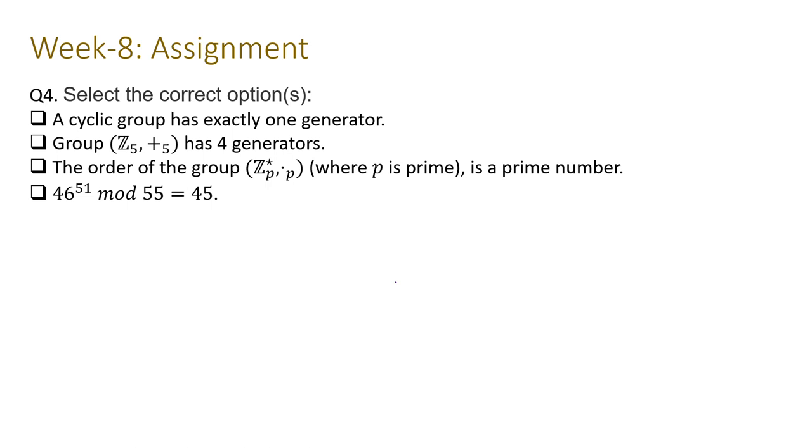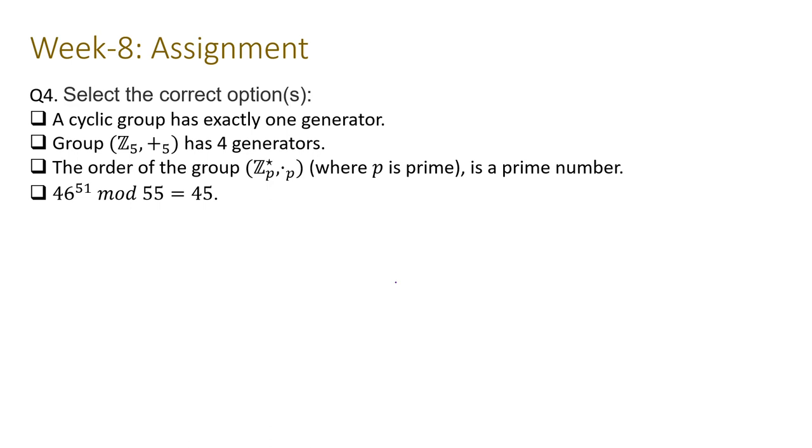So, a cyclic group has exactly one generator. Is it true? No, ma'am, it is false. It can have more than one generator. The group Z5 with respect to addition modulo 5 has 4 generators. What about this? This is true, because this is indeed a cyclic group and it has prime order.